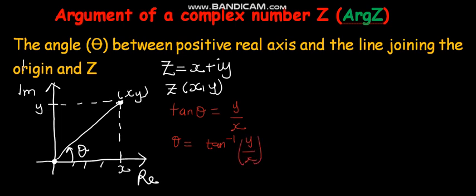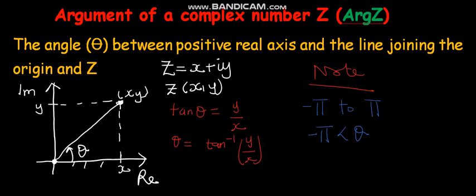We should note that our argument lies between negative pi and pi. Is that okay? Therefore, the argument theta is less than pi. Are we together? Now let us go for examples.